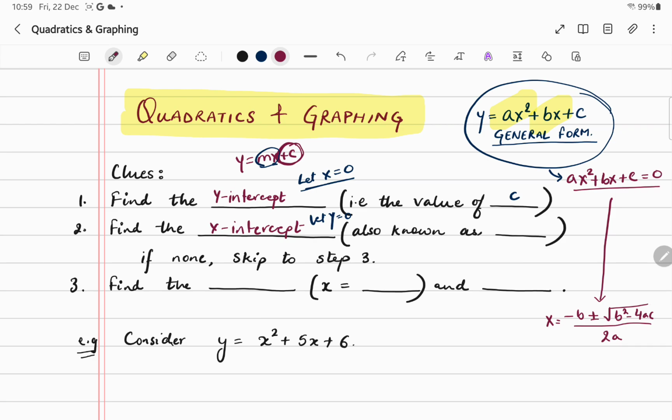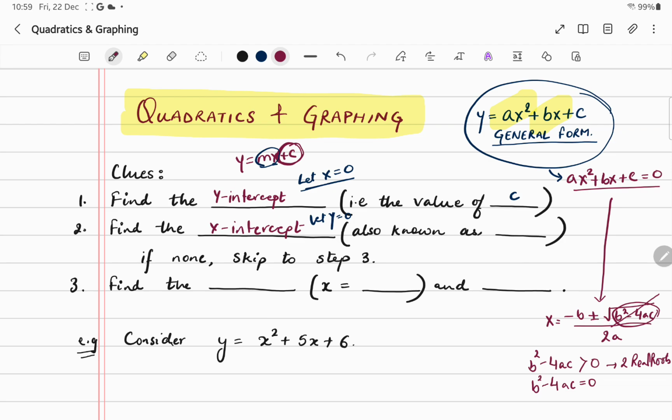Now here we have done that if this b squared minus 4ac, this part here, is greater than 0, you have two real roots, all right? If b squared minus 4ac equals 0, this bit is gone because it is 0, so you are only left with one bit, right?